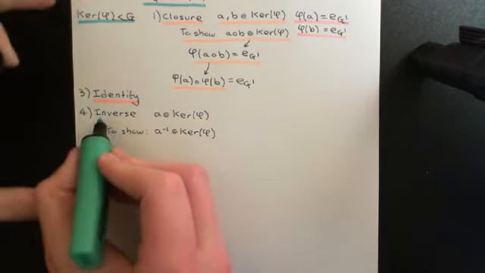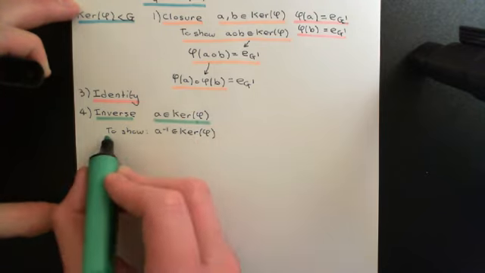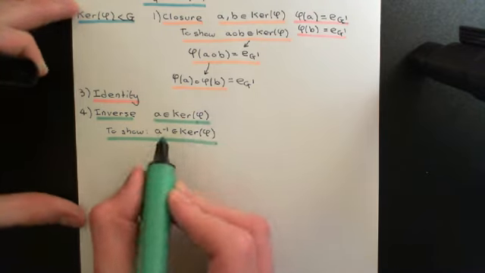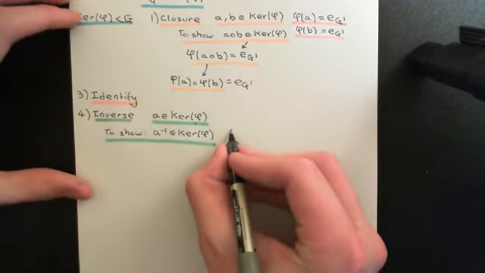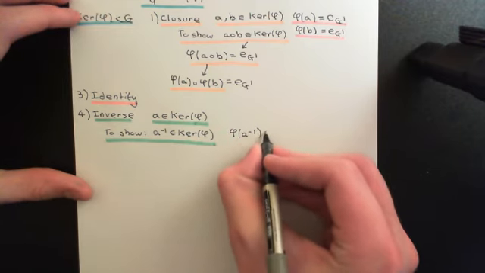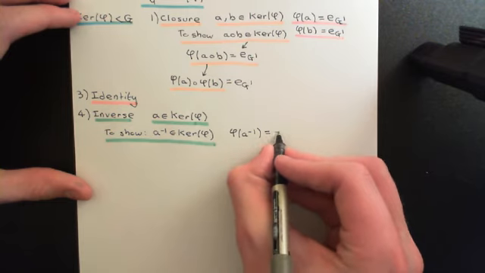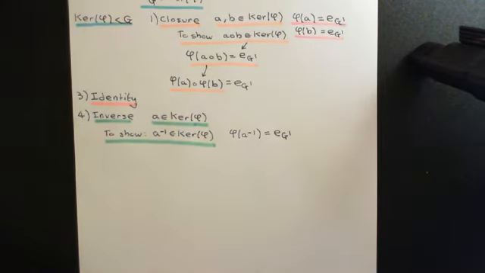So we need to show that if you take any arbitrary element, little a, of the kernel of the homomorphism, that its inverse, which we know is somewhere within the domain group, is also in the kernel of the homomorphism. So again, we can reduce this into the fact that we need to show that phi of a inverse is equal to the identity in the codomain group G prime.